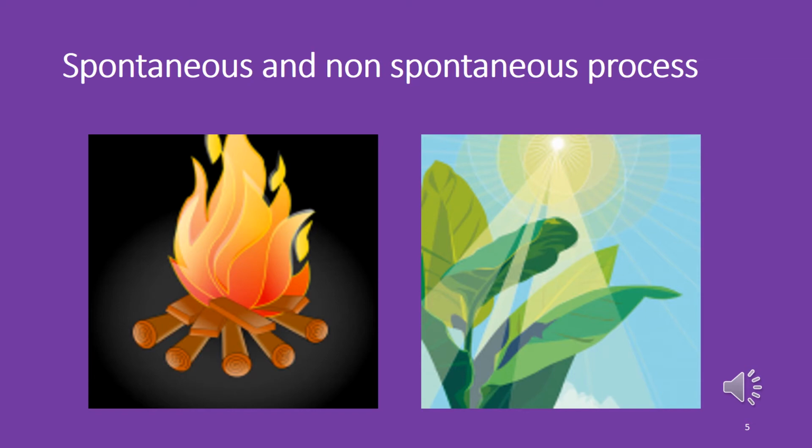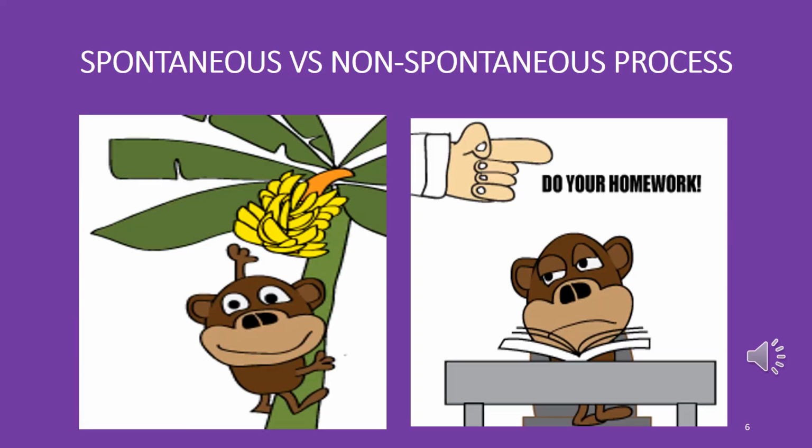In a non-spontaneous process, a continuous energy input is necessary for the reaction to take place in a certain direction. A good example is photosynthesis, a process in which plants make glucose. Photosynthesis requires energy in the form of sunlight to make the chemical reaction possible. Therefore, at night when it's dark and the sun is not there, photosynthesis does not work.